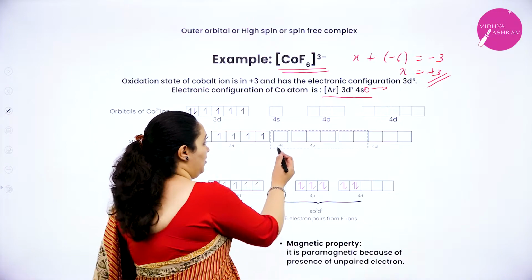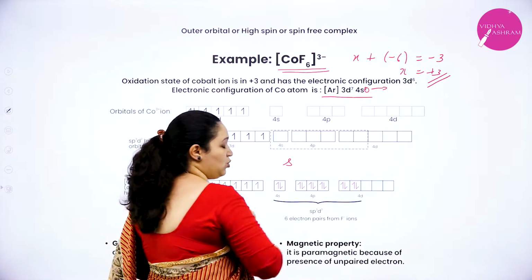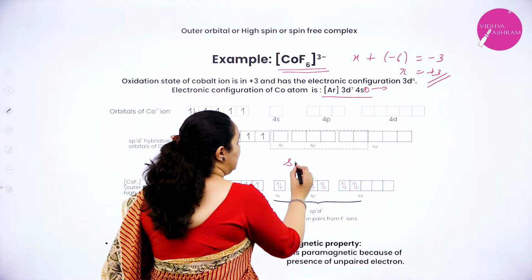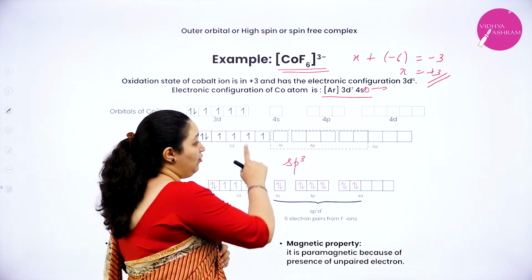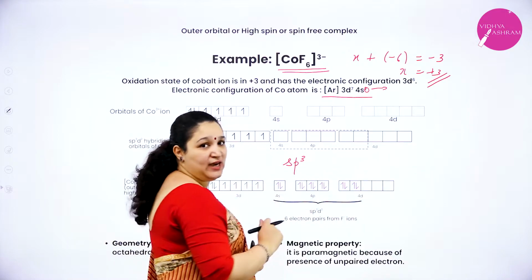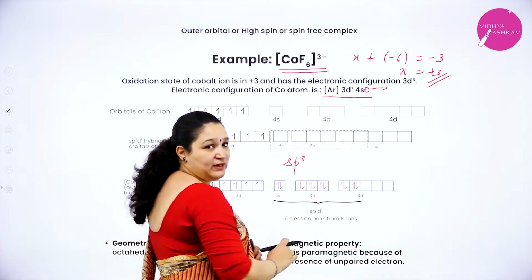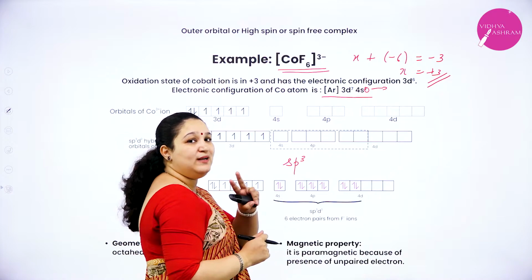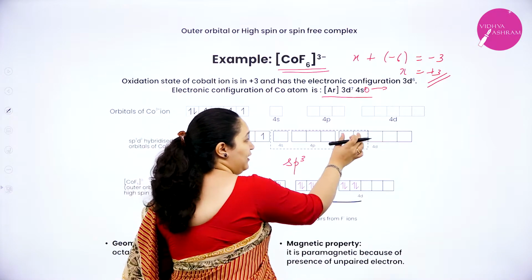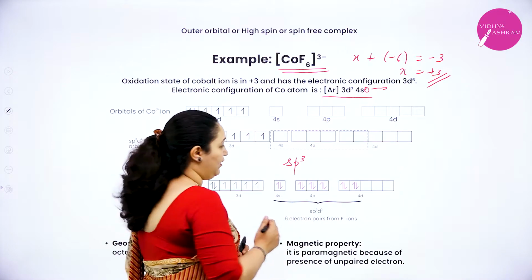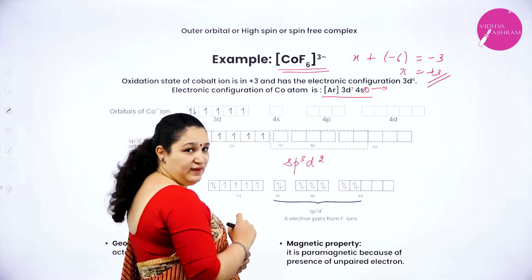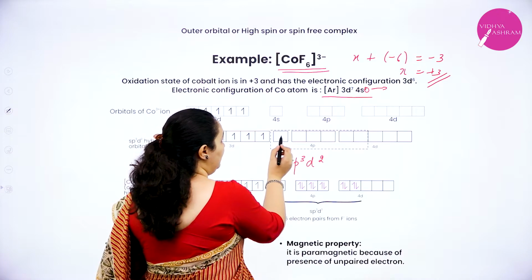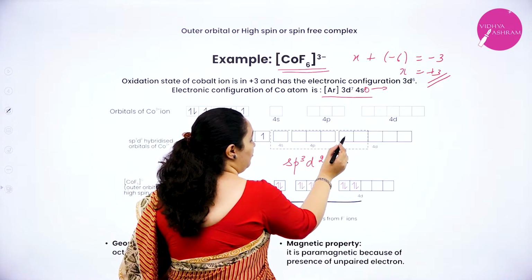We can use 4s orbital, so 1 s orbital, 3 p orbitals and d orbitals from the same shell, that is 4d orbitals, not all the 5 we are using, only 2 orbitals of the 4d. So we are writing d2, correct. Did we get 6 orbitals? We will count again, 1, 2, 3, 4, 5, 6.